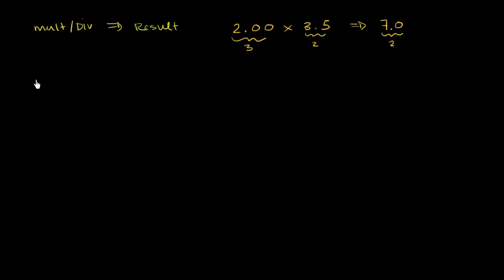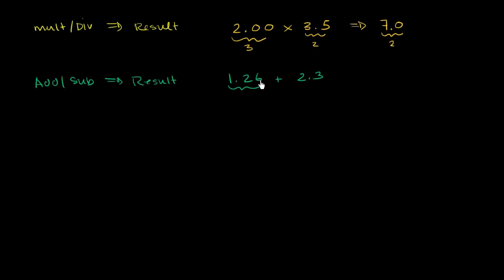But when you add or subtract, the significant figures don't matter as much as the actual precision of the things that you're adding. How many decimal places do you go? So for example, if I were to add 1.26 to, let's say, 2.3, and let's say these are measurements, this is clearly three significant digits.